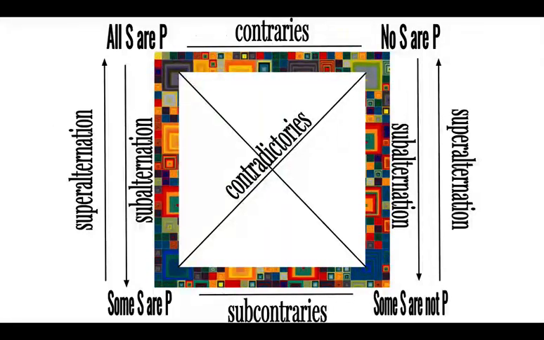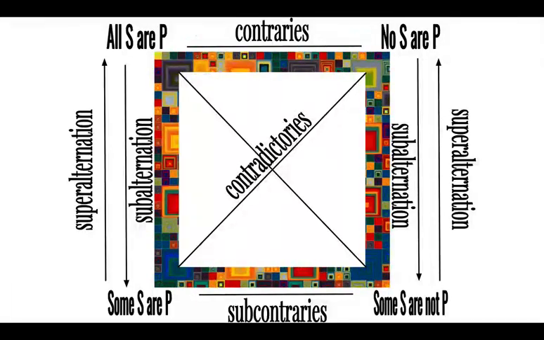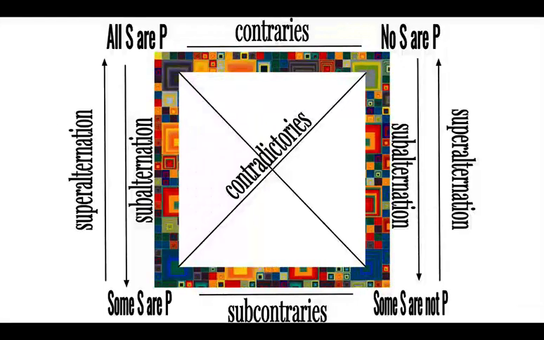Let's begin with contradictories. And remember that the types of sentences are in the corners. So we have top left is an A-type sentence, bottom left is an I-type sentence, top right is an E-type sentence, and there at the bottom right is an O-type sentence.